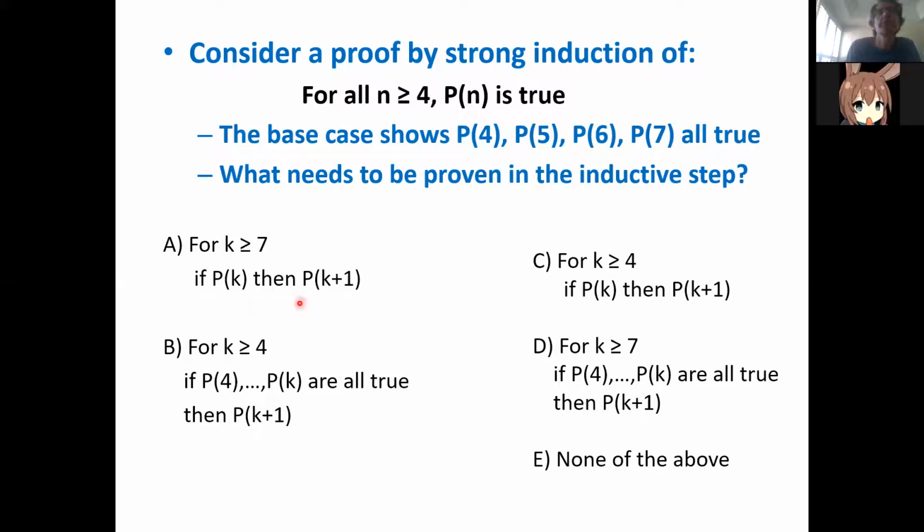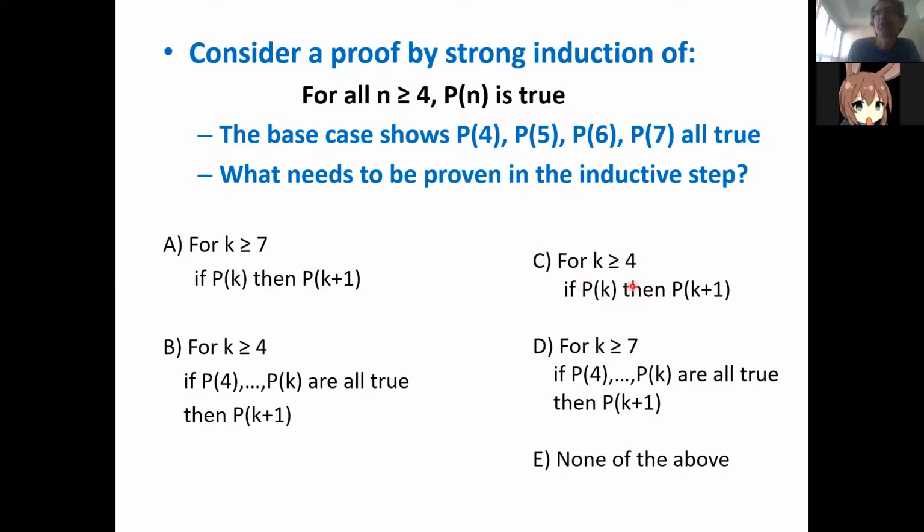Which of these would prove it? I mean, this part would prove it, right? If we proved this, it would imply the theorem, but it wouldn't be a case of the strong induction proof. It would be the standard induction proof, right?